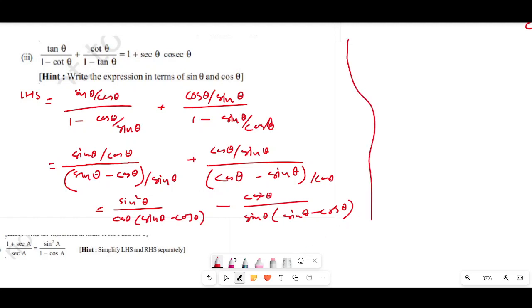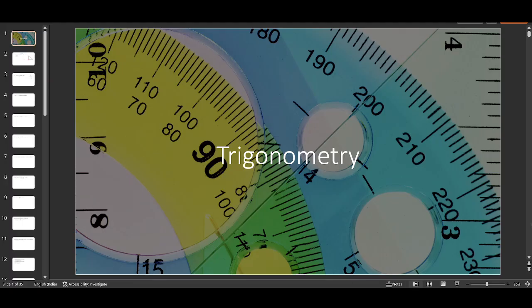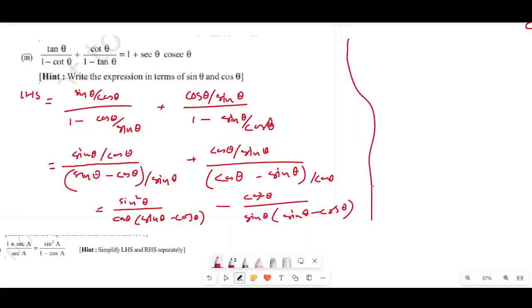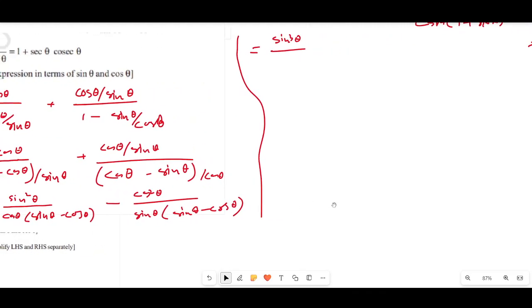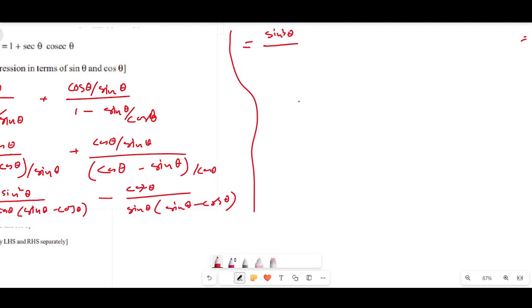Then we can write in this way: sin cube theta upon sin theta into cos theta into sin theta minus cos theta.